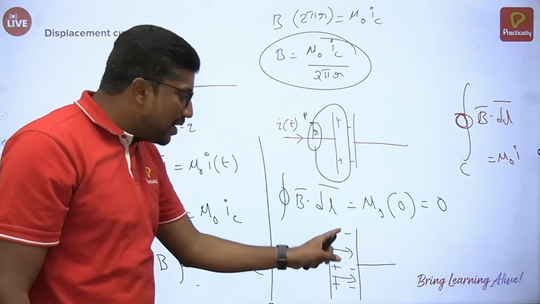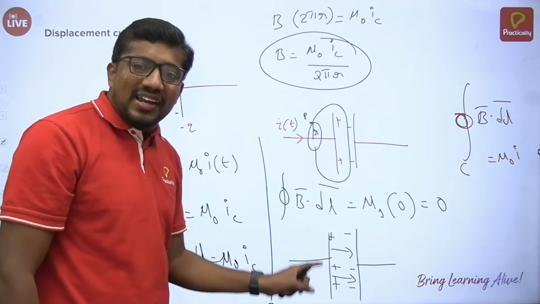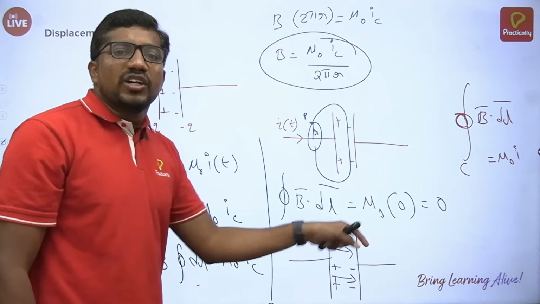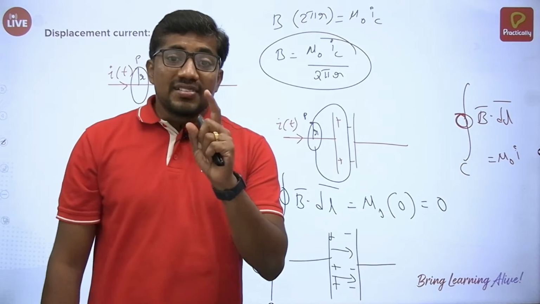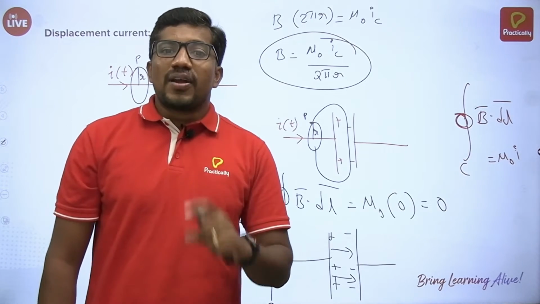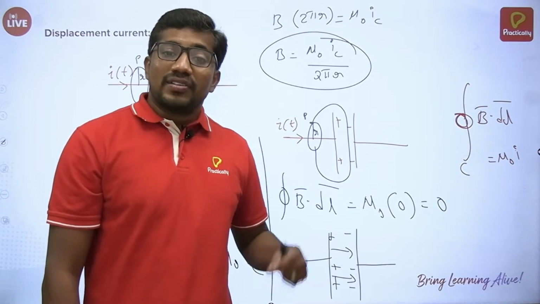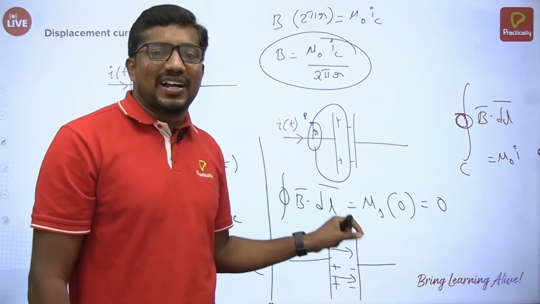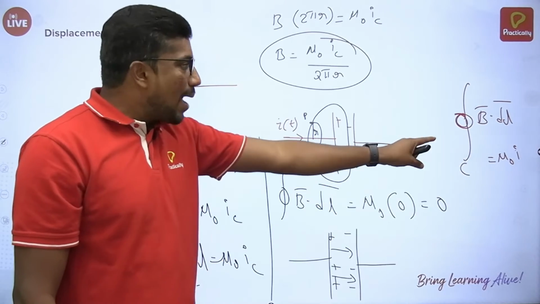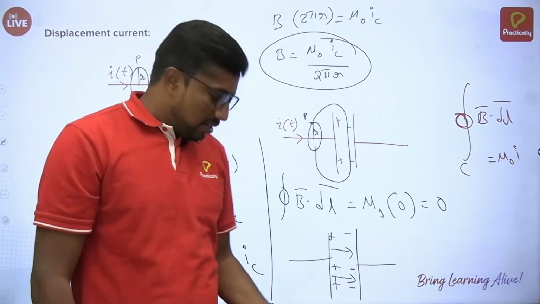So the time rate of change of electric field, the timely varying electric field, is going to produce a current over there. That current we call the displacement current, which is responsible for making the magnetic field consistent. By including that displacement current, you can make Ampere's circuital law consistent. That is the explanation.